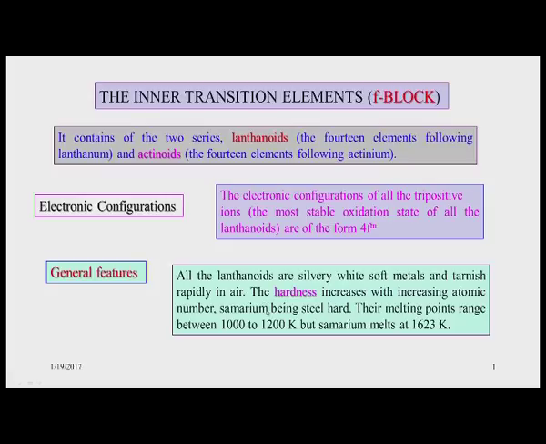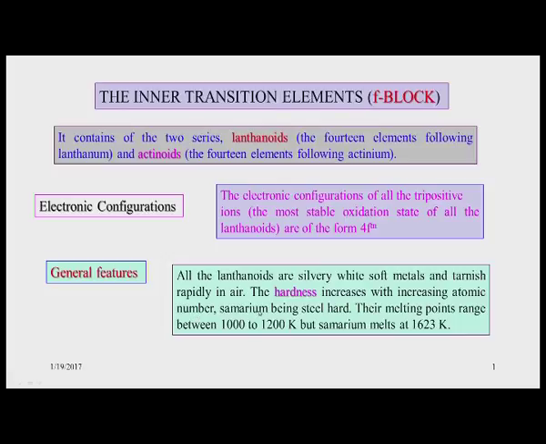They react slowly with air, and sometimes they can also react with carbon dioxide and moisture. And as we move from left to right, the hardness of the elements basically increases.